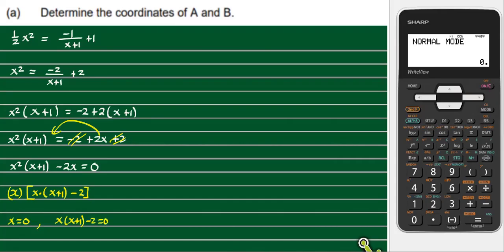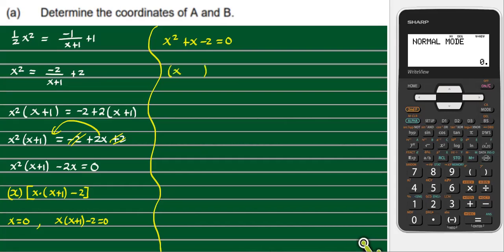It's not even factorized, so we're continuing with it. So I'm going to multiply out, so that I've got x squared plus x minus 2 equals to 0. Then I factorize.